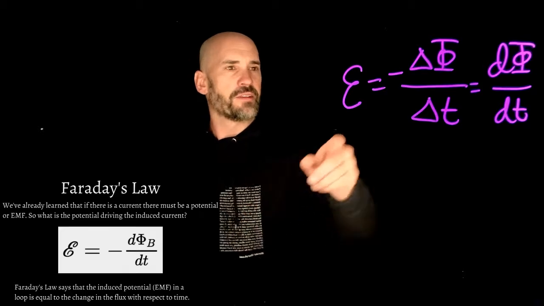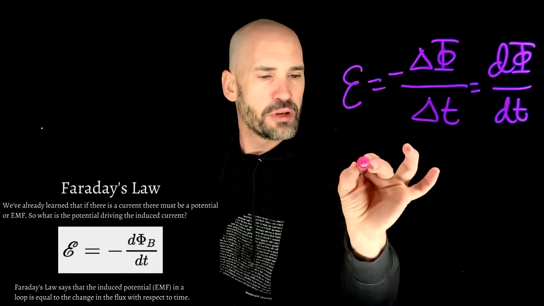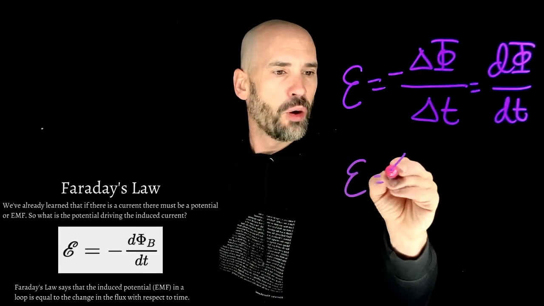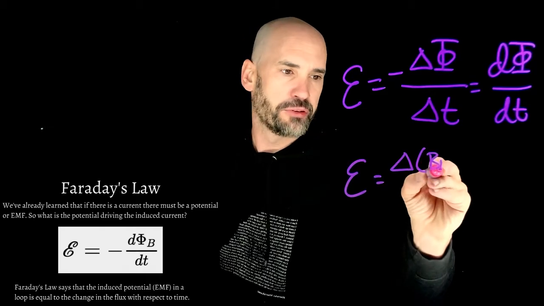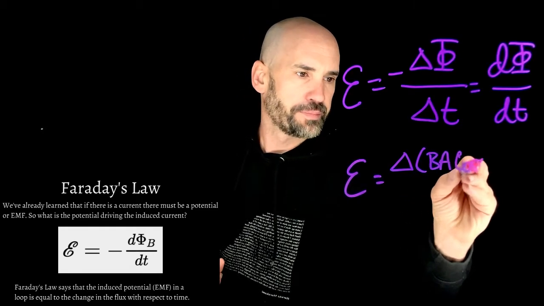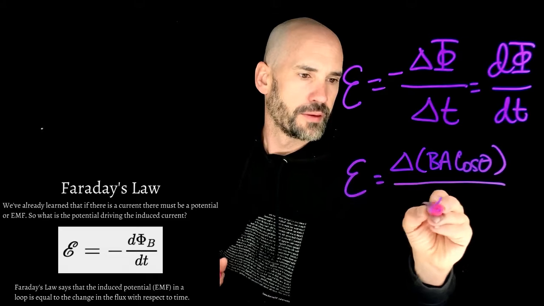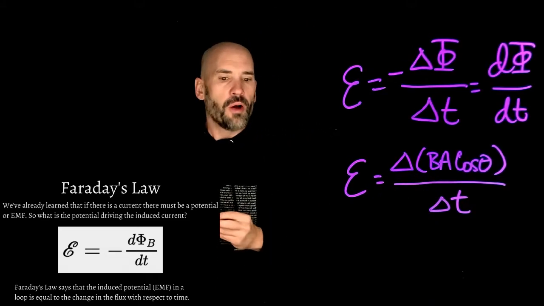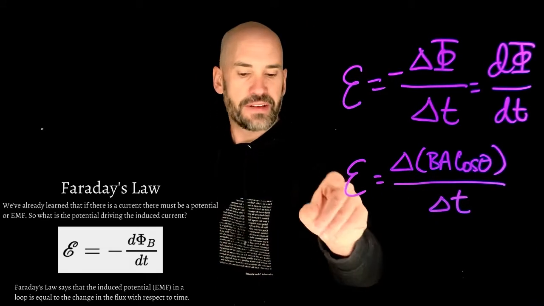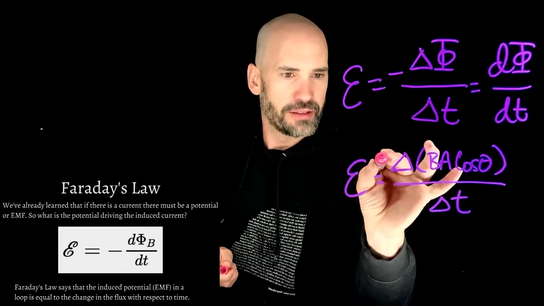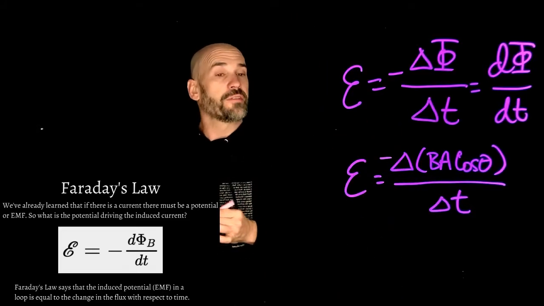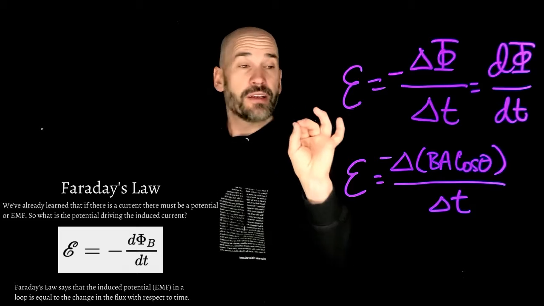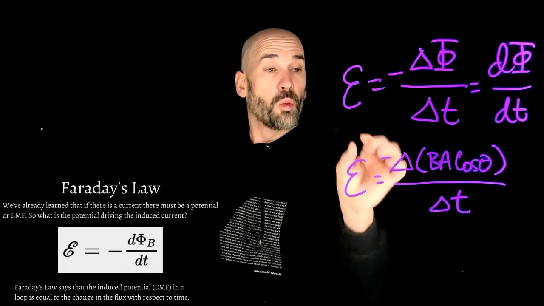Now, when I say that the flux is changing, what does that really mean? It really means that any one of three variables could be changing, as we talked about before. So when you're solving for the EMF in Faraday's law, I'll put my little minus sign there. When you're solving for the EMF in Faraday's law, you need to take a look and see what's actually changing.